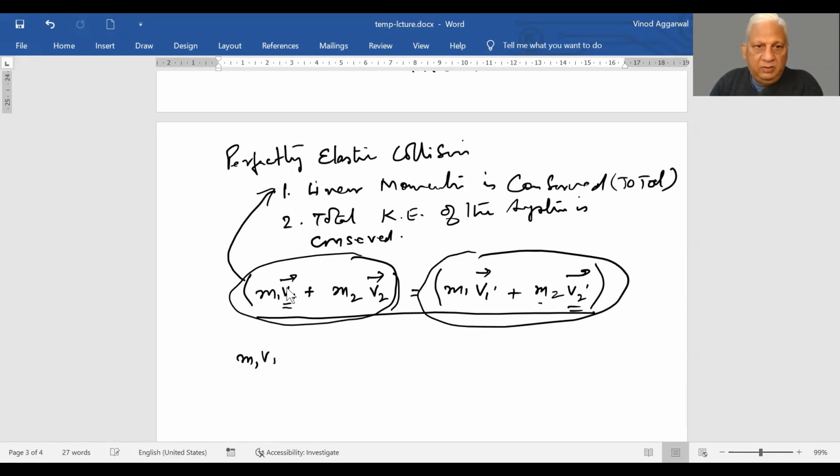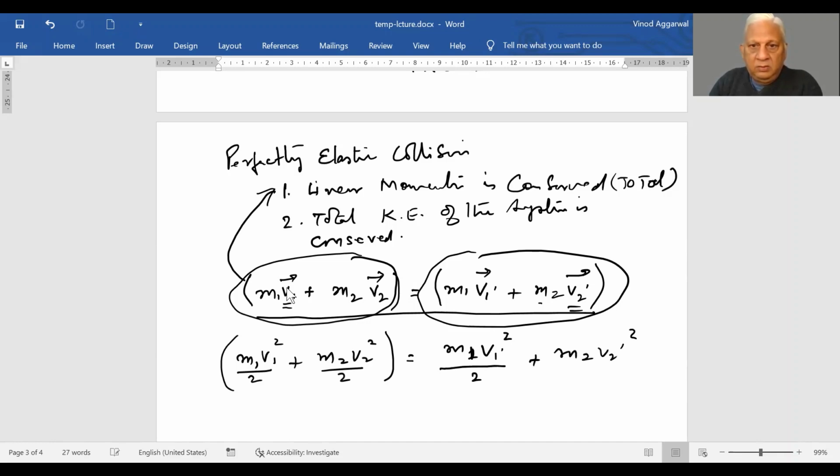Kinetic energy will be this, the kinetic energy before collision, and this is equal to the kinetic energy after collision.